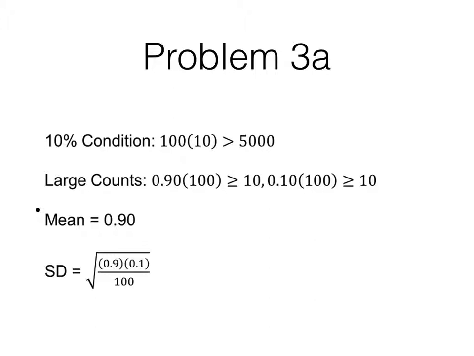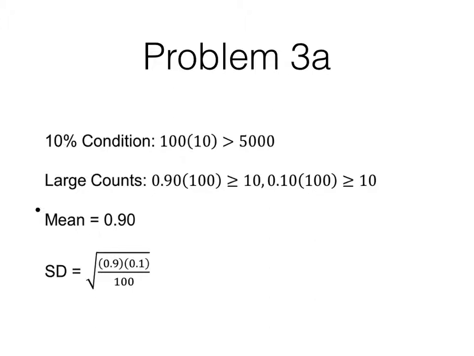So the 2 conditions check out, so we know we have a normal distribution. The mean equals 0.90, because it is the unbiased estimator, and the standard deviation is the square root of 0.9 times 0.1, all divided by 100.